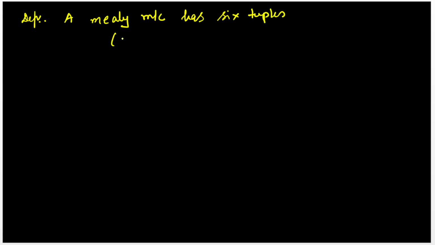And in case of a Mealy machine, the definition is that a Mealy machine also has six tuples: Q, sigma, delta, lambda, and q naught, where all the symbols except lambda have the same meaning as we have defined in the Moore machine.